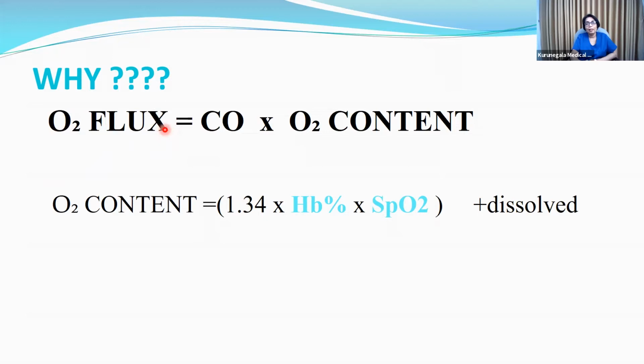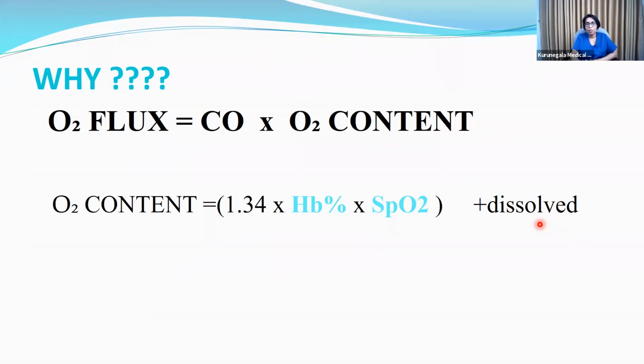This is cardiac output and the oxygen content. Oxygen content depends on the hemoglobin percentage and the percentage saturation plus dissolved oxygen. Hereafter, I'm not going to talk about the dissolved fraction because that is minimal or negligible under normobaric conditions.